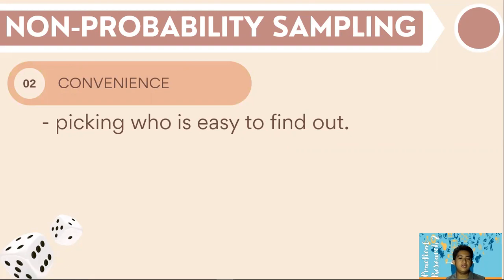The disadvantage of this is the difficulty in determining how much of the effect, which is the dependent variable, results from the cause, or the independent variable, because you don't know whether there is a right representation in the sample itself. Whoever is available, you just grab them and proceed to your experimentation, or you have already conducted the survey.